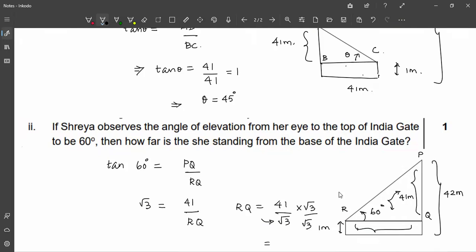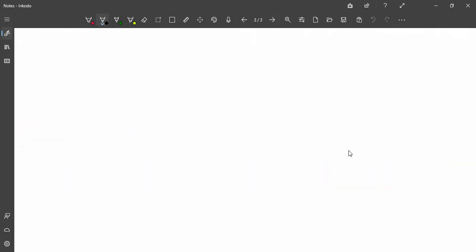So it becomes 41 root 3 divided by 3 meters. She's standing at a distance of 41 root 3 by 3 meters. We don't have to convert this value into decimals because the 1.73 information is not mentioned in the question. So we'll leave it at that. Moving on to the next question.